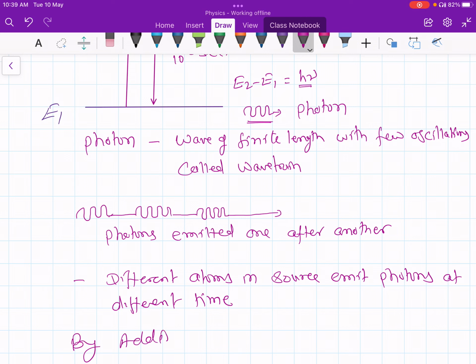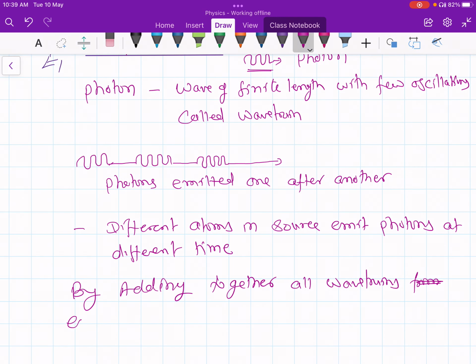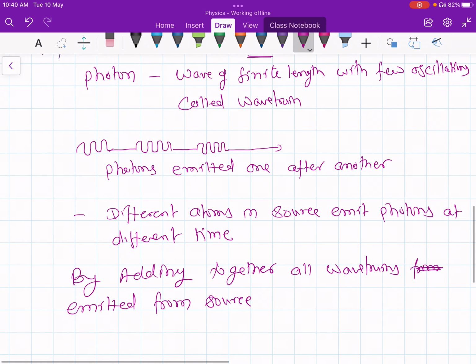By adding together all the wavetrains emitted from the source, as different atoms emit photons at different times, we are adding the photons emitted by all atoms in the source, and what we get is successive wave packets or wave trains.